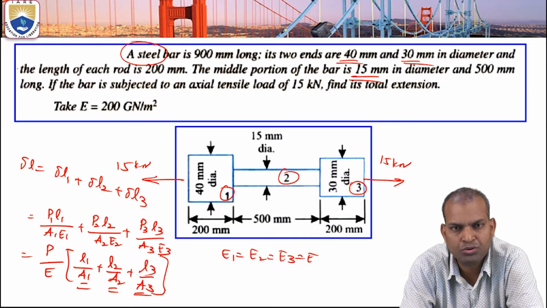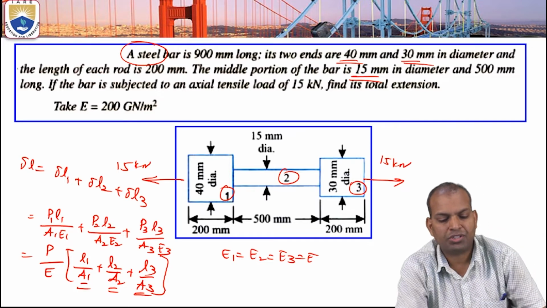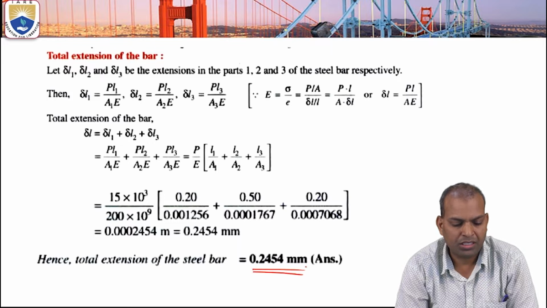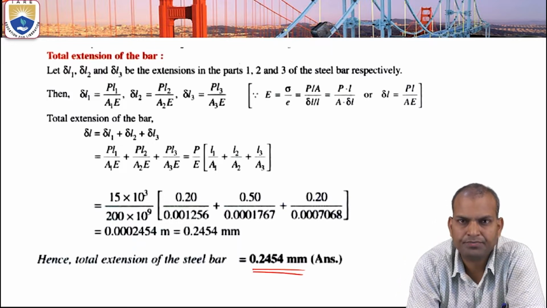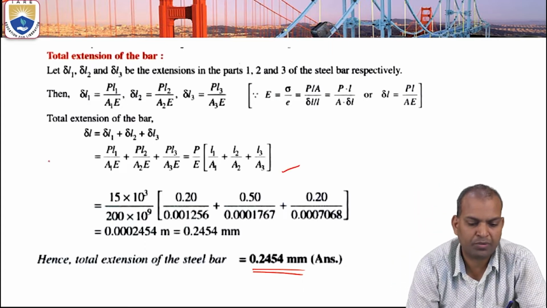After substituting those values, we can observe the total extension is 0.2454 millimeters. These are the formulas we substituted. This is the recapitulation. Let us begin the next problem.